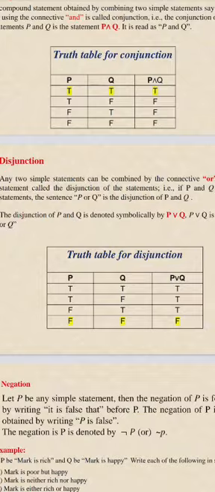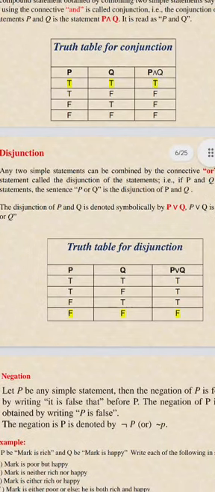We take two statements P and Q, and write the disjunction in the form P or Q. It is read as P or Q. The disjunction of P and Q is denoted symbolically by P or Q.